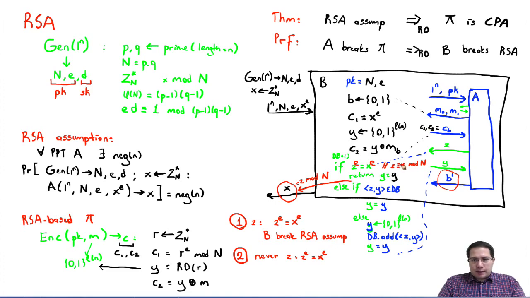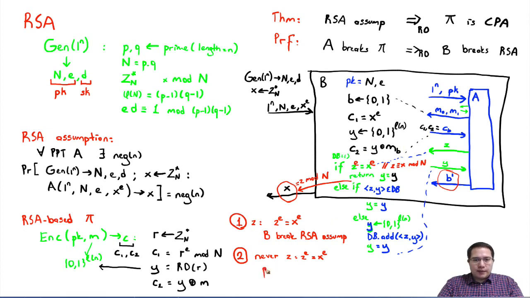Then remember, A has no idea about this y. So if A never queries for x, it has no idea about y because y was chosen randomly. Now, when y is chosen randomly and A has no idea about y, this is exactly one-time pad.